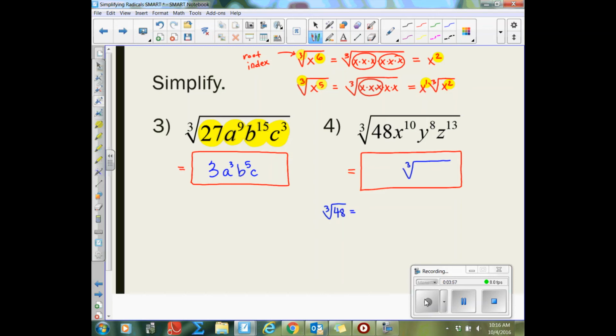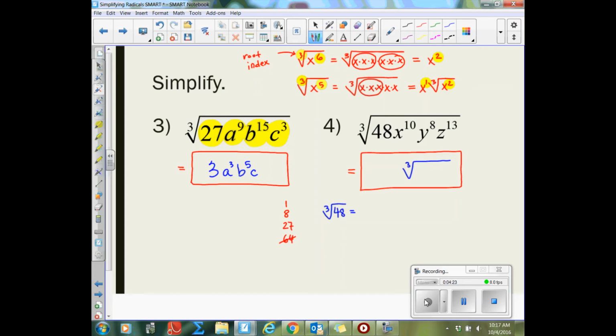But to get started, we want to think of cube root of 48. It's hard to shift away from square roots. What are perfect cubes? 1 cubed is 1. 2 cubed is 8. 3 cubed is 27. 4 cubed is 64. Well, that's too big because we're just trying to find the cube root of 48.